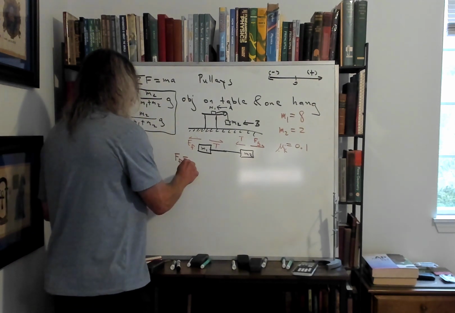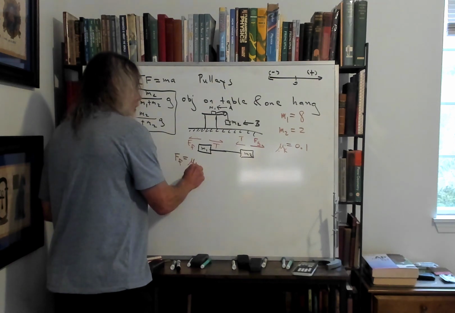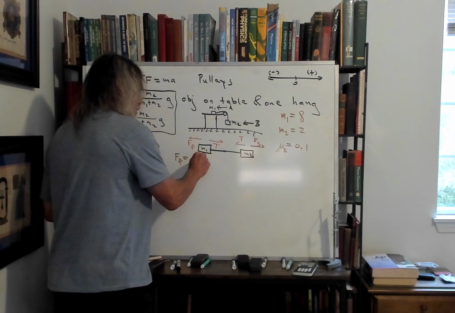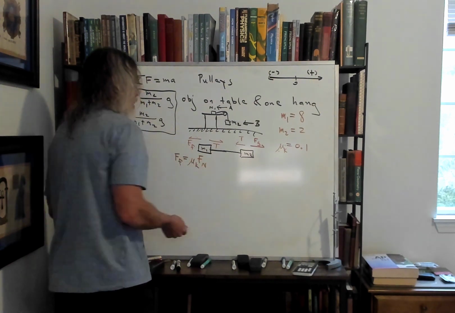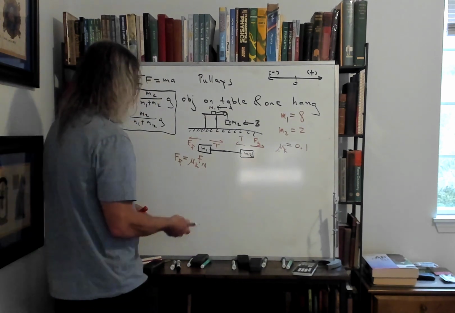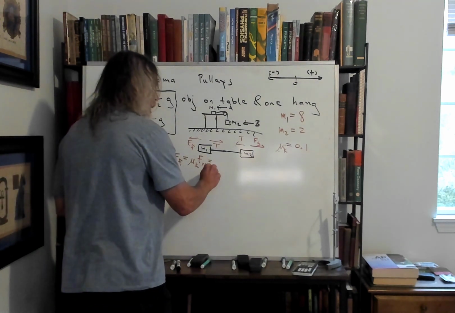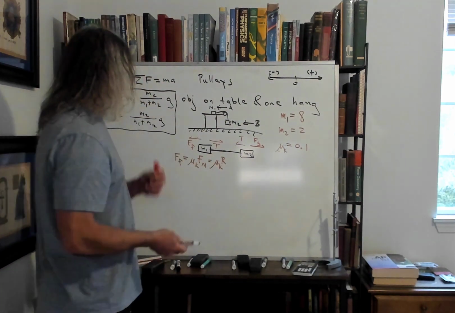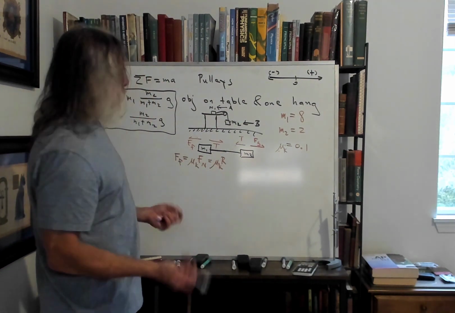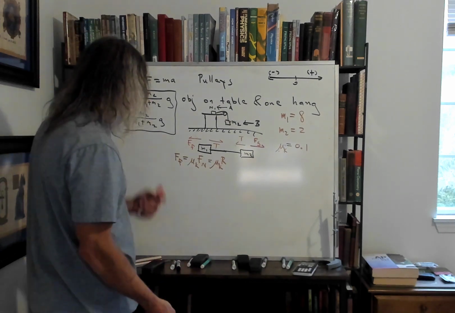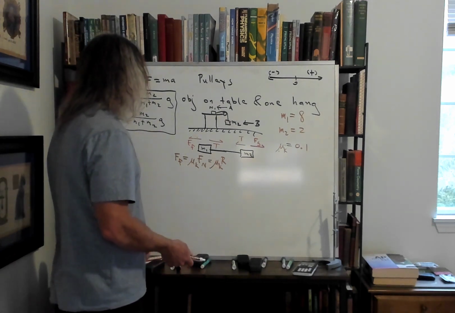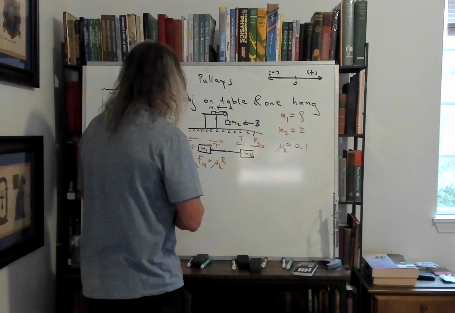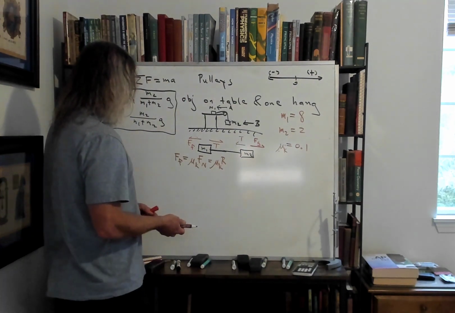Simplify things at first. We got μ sub k times the normal force, and remember F sub n. It could be in IB speak, that's an R. Okay. Capital N for normal force, F sub n, R. Different letter for the same thing. So then we got that.